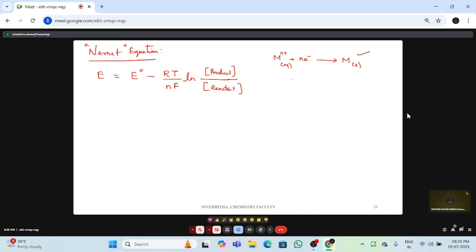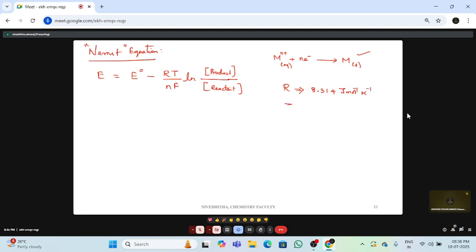Could you please tell me the value of R? We have so many values of R, but I want the value in terms of joules, which is very famous. You don't remember? 8.314 joule per mole per Kelvin.